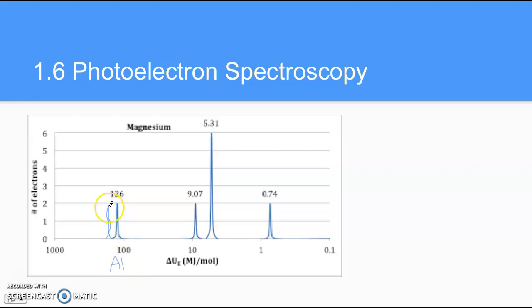So the binding energy will be a little bit greater. So all the aluminum peaks would just be shifted just a little bit left. They'd be the same height, but they'd be a little bit left of what we see for magnesium. Other than that, that's about all the information that you have to be able to determine with photoelectron spectroscopy.